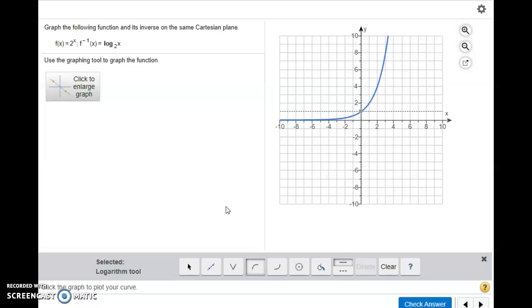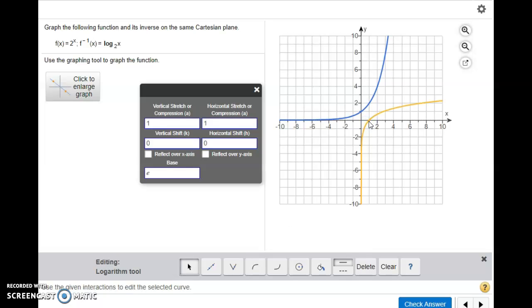So since the exponential function goes through the point 0, 1, the logarithmic function goes through the point 1, 0. And now you can see how they are a mirror image. If you think about where that line y equals x is, these are mirror images of each other.